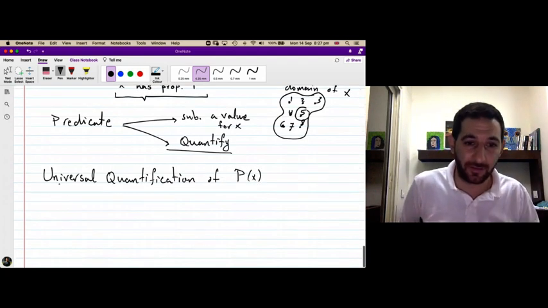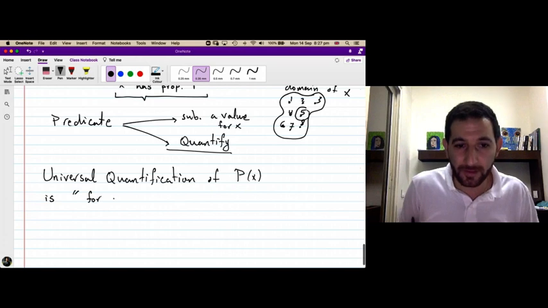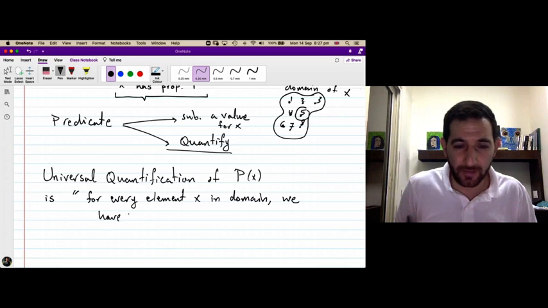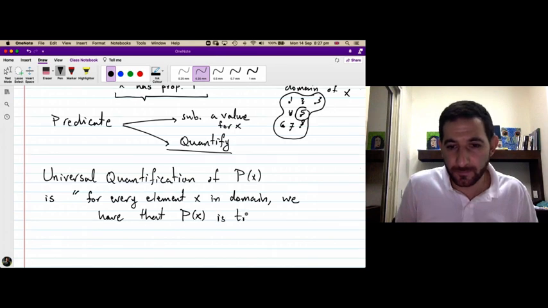The universal quantification of P of X is the statement: for every element x in the domain, we have that P of X is true. Okay, so this is a statement.